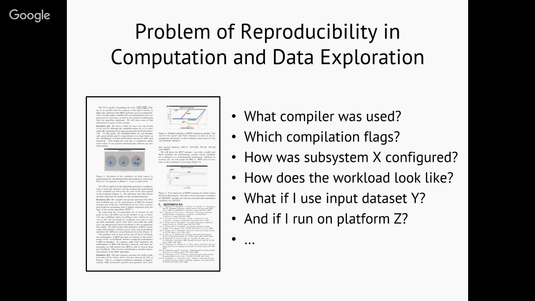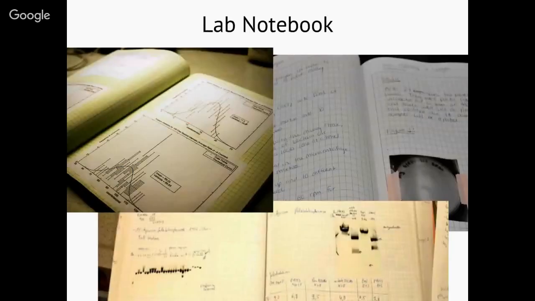If we reflect on this scenario, and contrast it with what other people do in other domains of empirical sciences, we can see that we would benefit from something like a lab notebook, which other domains of science rely on heavily for experimentation. It is basically a record of what was done and why throughout the life of an experiment.